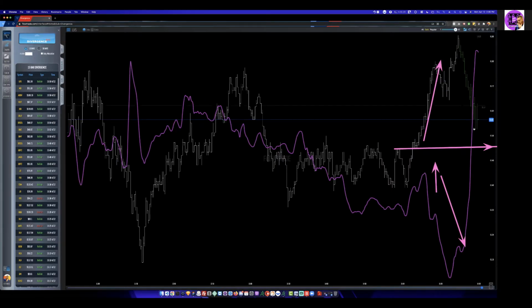Since price action went ahead and met the algo at this point, this bearish divergence played out. All right, moving on to the next one.